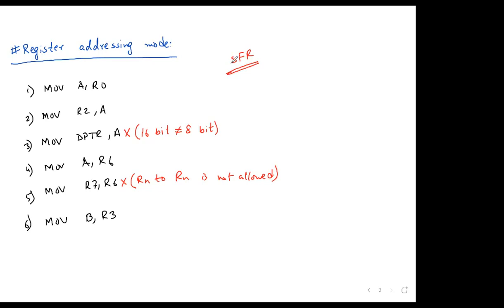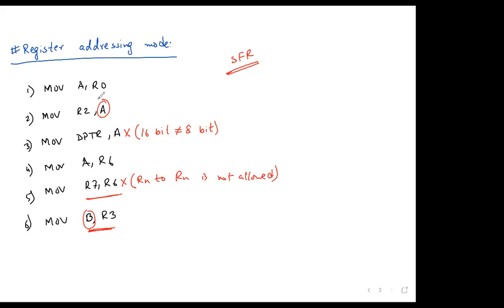We'll cover this a little bit later. But your question is valid at this stage because we know that A, B, all are registers. So this one we are saying is valid, but this one is invalid. The difference is that registers like this are SFR, that is special function registers. We'll cover this after this point. Is it okay? Yes, sir.